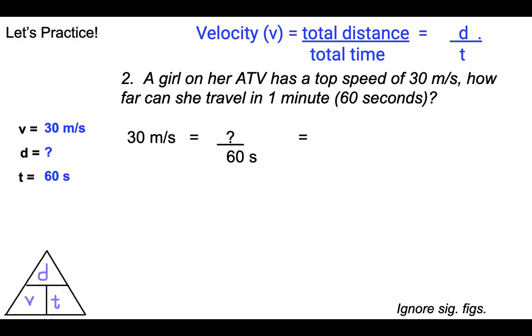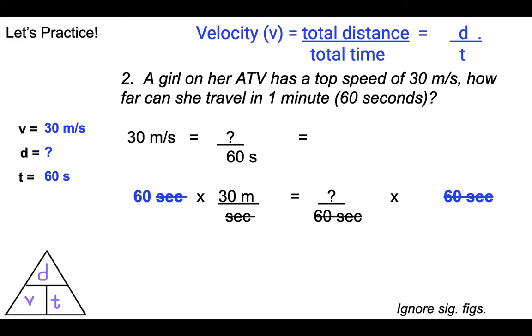So when I do my math, I set it up: velocity is equal to distance over time. There's my 30 meters per second is equal to my distance, which I don't know, divided by my seconds. Well, to solve that, having that 60 seconds down in the denominator is not something we want to work with. We want to get rid of that. So we're going to multiply both sides by 60 seconds.